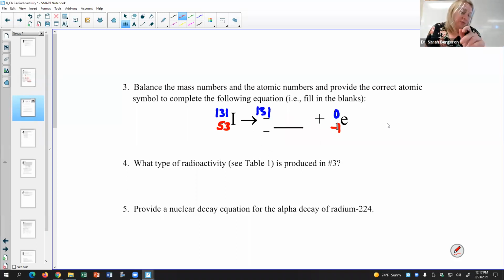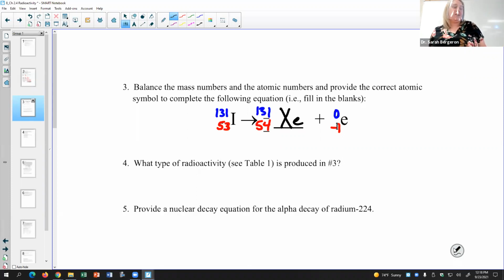Be careful. 54. Same thing as saying 54 minus 1 is 53. So now, how do I know what element that is? Go where? Periodic table, and I go look for 54. What's 54? Xenon, Xe.